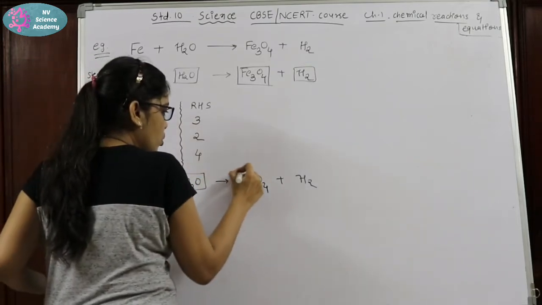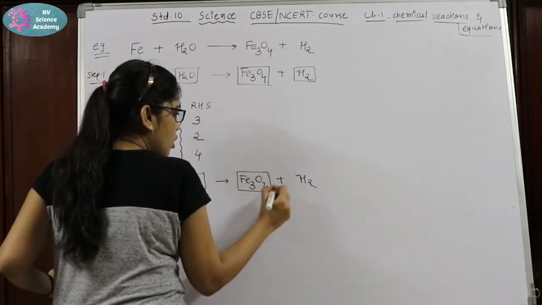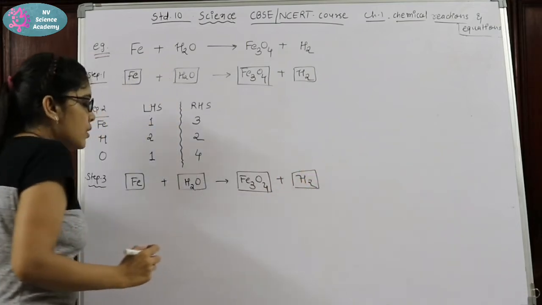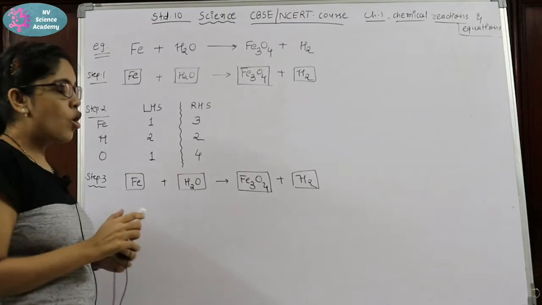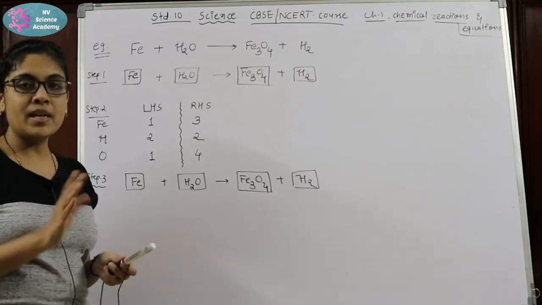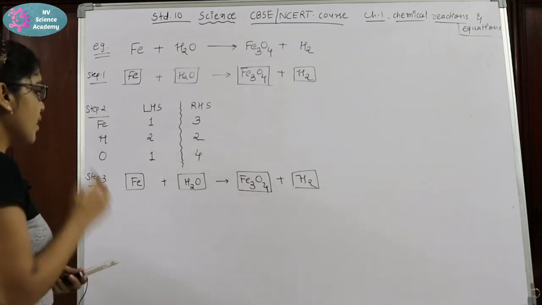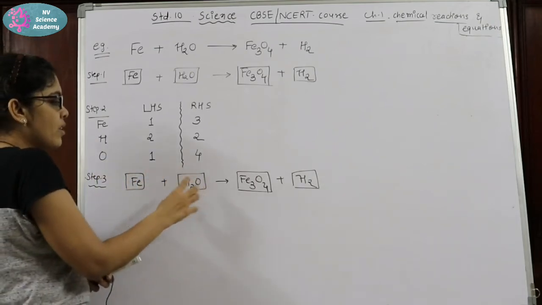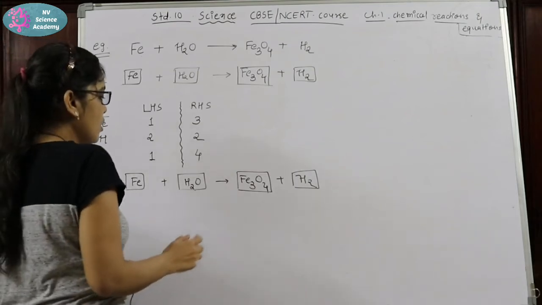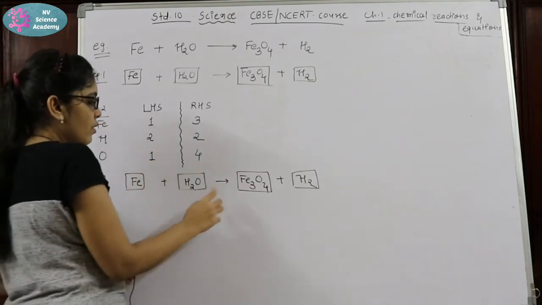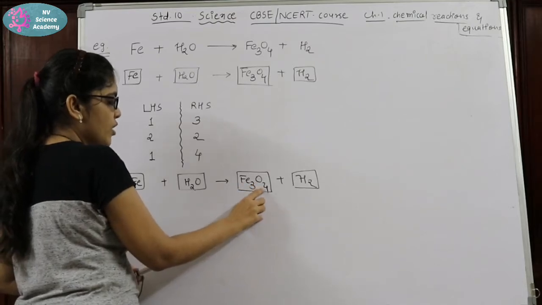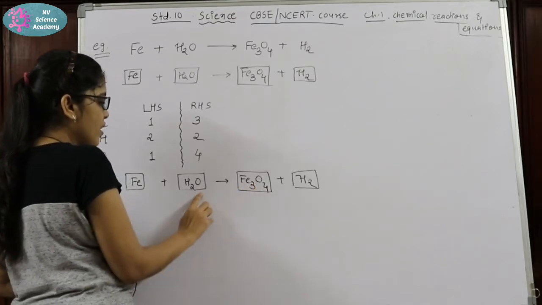Students, as you know, the law of conservation of mass says the mass of each element should remain the same on both sides. So we will try to make the number of oxygen atoms the same on both sides. On the right-hand side the number of oxygen atoms is 4 and here it is 1.